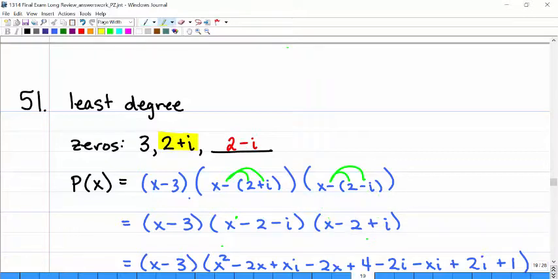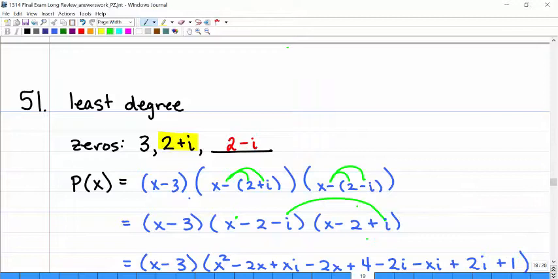That's what I did to get this. Now, one thing I want to point out: negative i times i gives you negative i squared, which is equal to 1. That's right here.